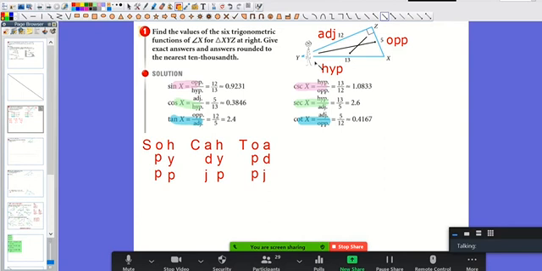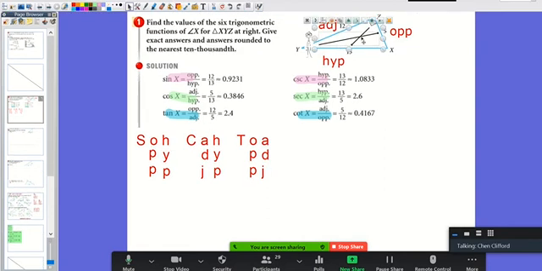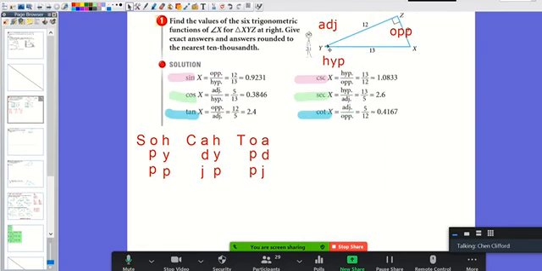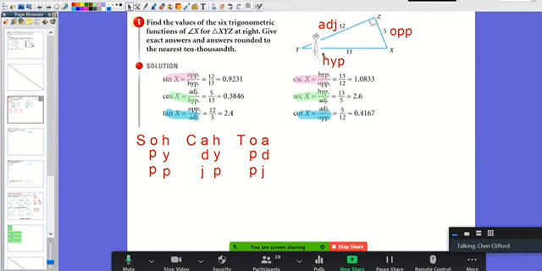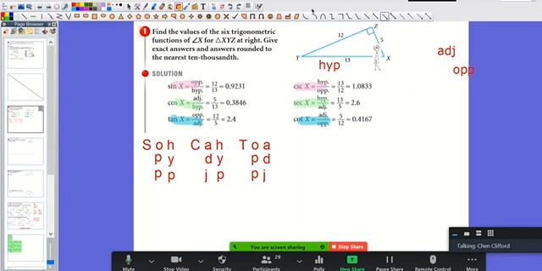Now, what happens if we put the stick figure right here at X? What's adjacent? What is hypotenuse? What is opposite? Hypotenuse stays the same. Hypotenuse is always fixed because remember, it's across from the 90-degree angle.